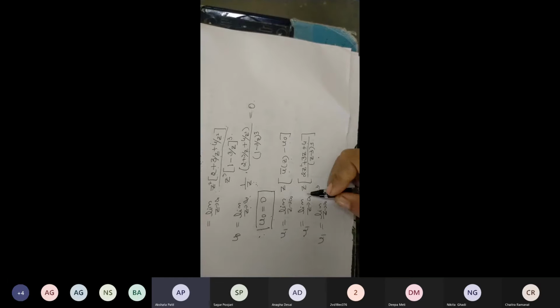Inside is 2 plus 3 by z plus 4 by z square, divided by z cube times 1 minus 3 by z the whole cube.